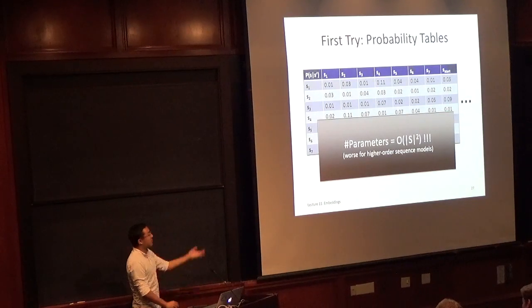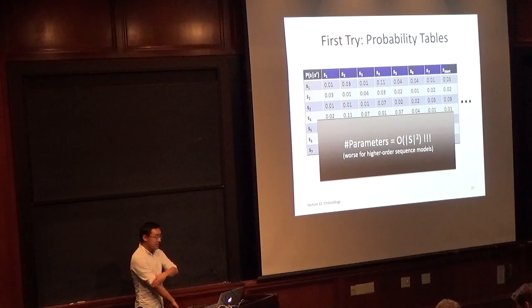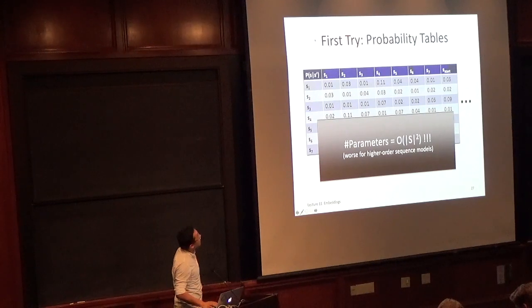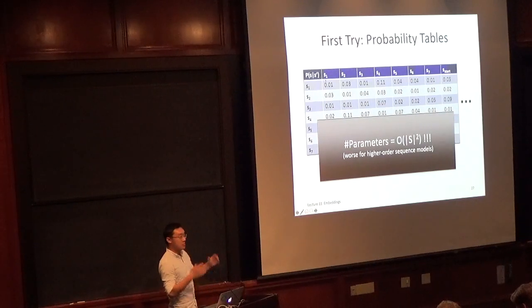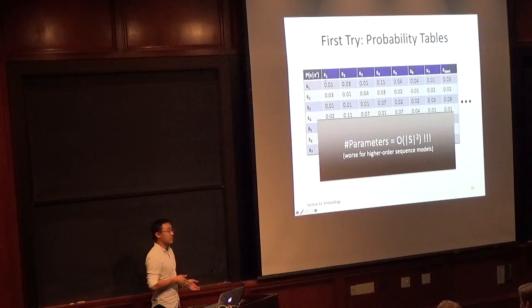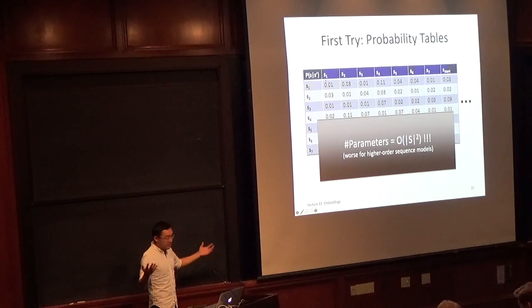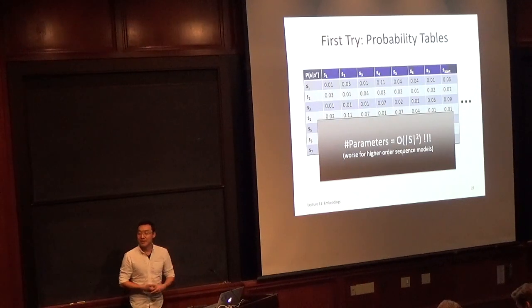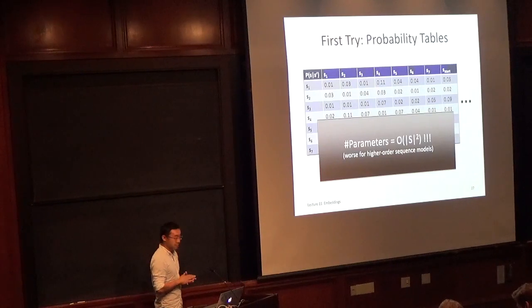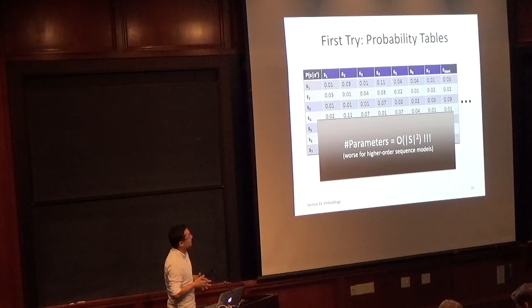The number of parameters we need to estimate from the data is quadratic in the size of the ground set. And if you want to condition on more than one, so let's say I want to condition on the last 2 songs and then predict a new song, then the number of parameters is actually cubic in the size of the ground set. So this is way too expensive, and this is one of the things that we want to avoid.